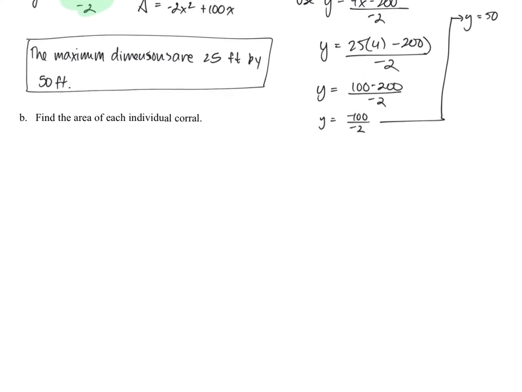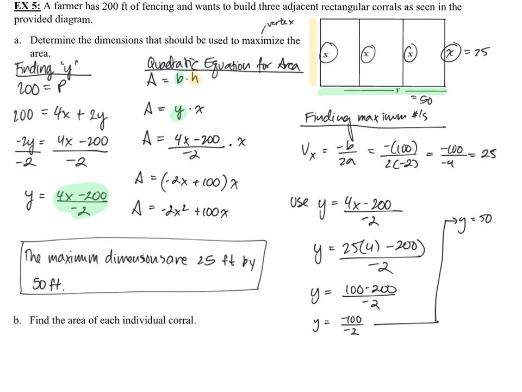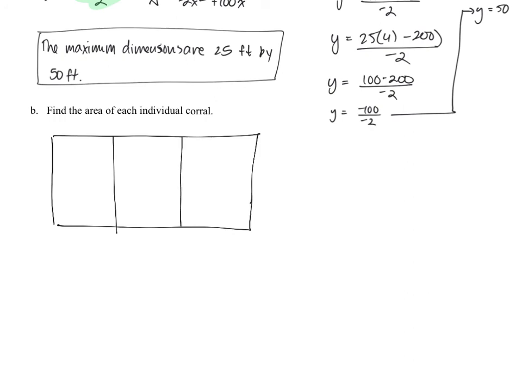Now, let's find the area of each individual corral. Ooh, okay, what does that mean? Well, let's see. If I redrew this picture here, I know that each corral, we have 25, 25, 25, 25, and then 50 for the whole thing, and 50 for the whole thing.